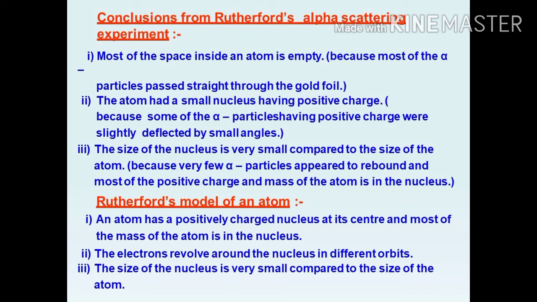Rotating around the nucleus in different orbits. At the start of the lesson, I showed one picture of an orbit, the oval shaped orbit. The electrons are rotating. That oval shaped path of the electron is known as an orbit. The electron rotating path is called an orbit. The size of the nucleus is very small compared to the size of the atom.